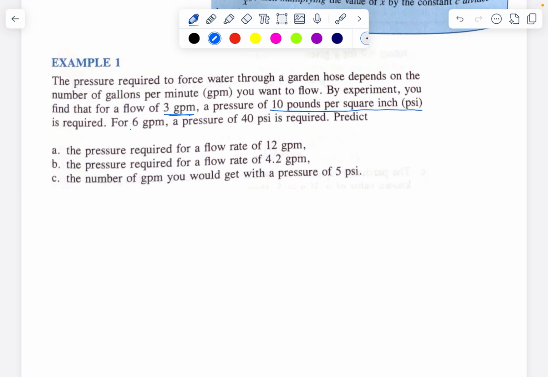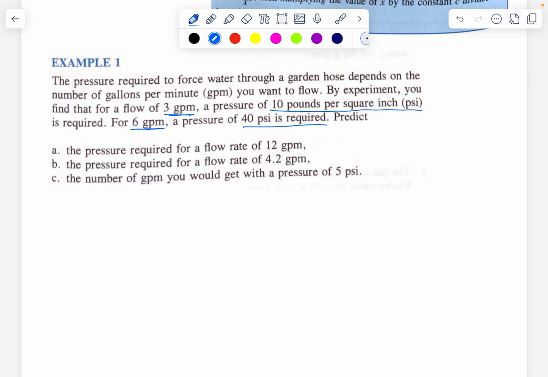For 6 gallons per minute, you need 40 psi. They want us to find the pressure required for a flow of 12, the pressure required for a flow of 4.2, and the number of gallons per minute you would get with a pressure of 5 psi.